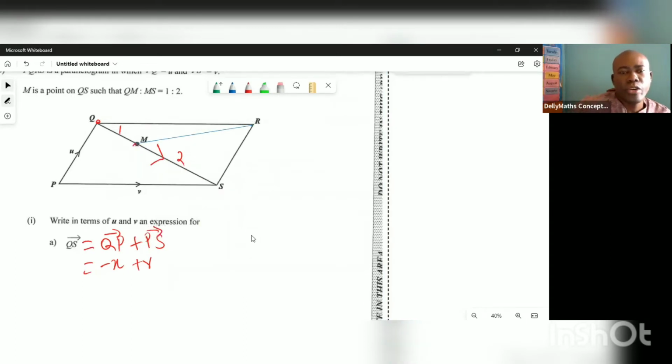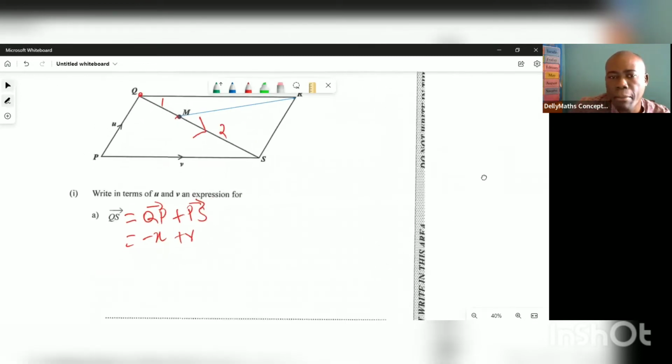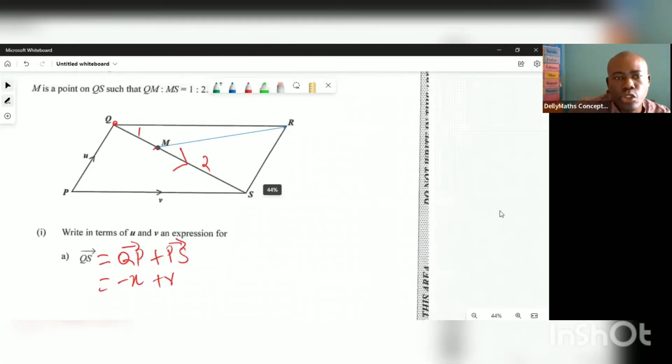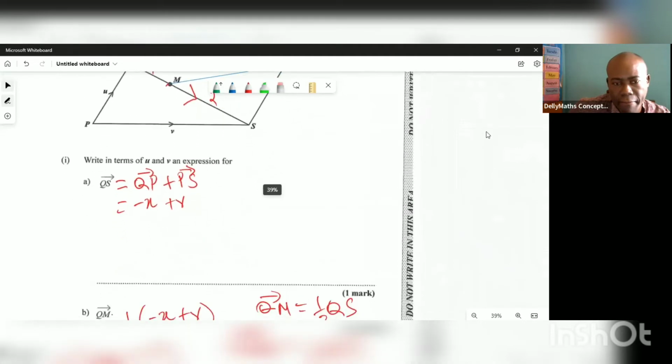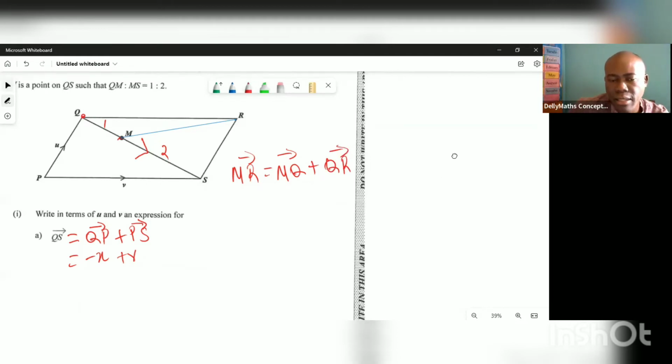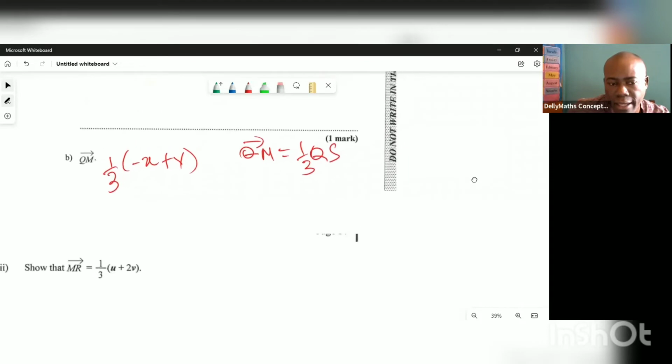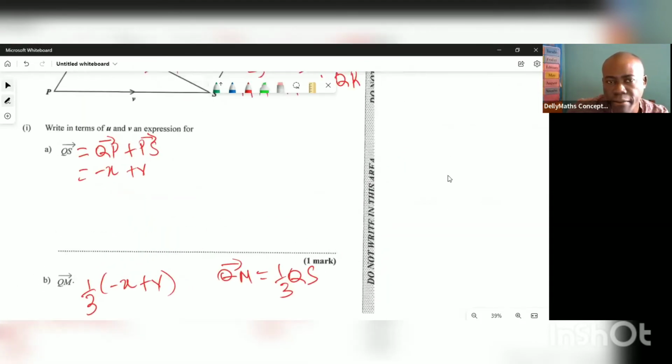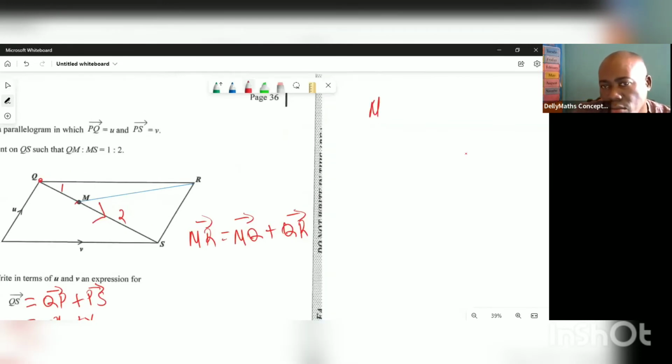In order to do MR, I want to move from M to Q and Q to R. MR is simply moving from M to Q, and then I move from Q to R. I need to prove that MR is 1/3 (U plus 2V).